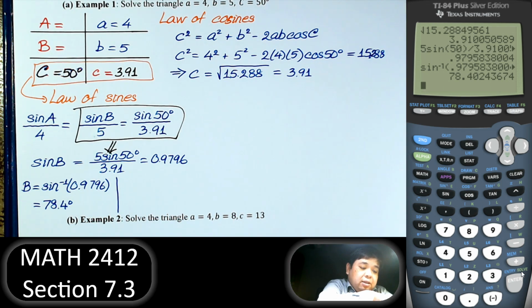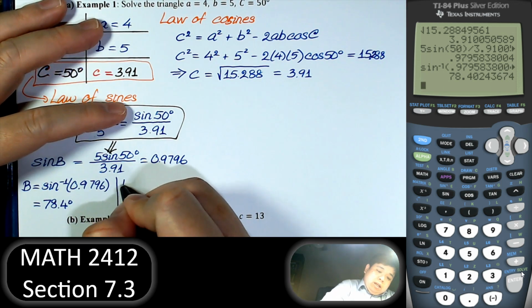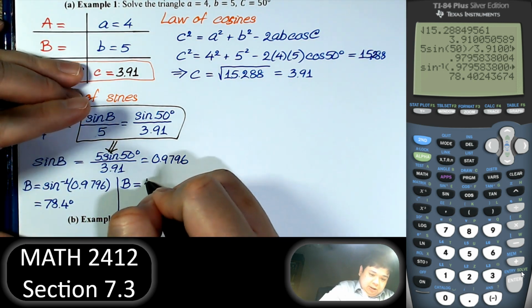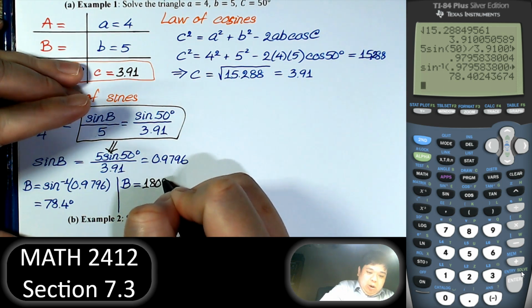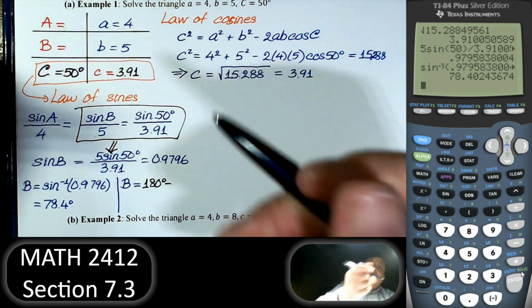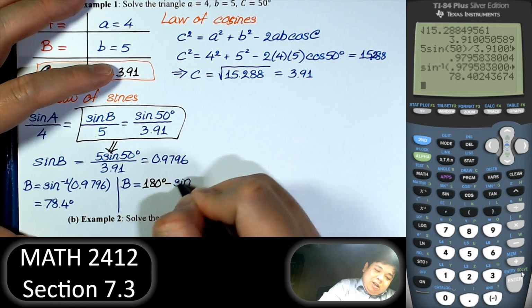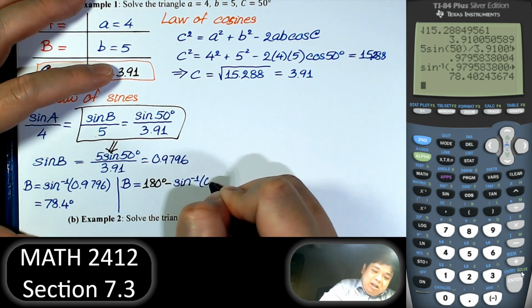That is B, right? Of course, it can also be the supplement to this. When we use the law of sine to find the angle, potentially it can be this situation.